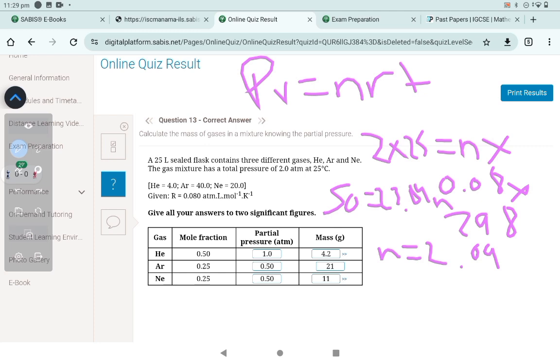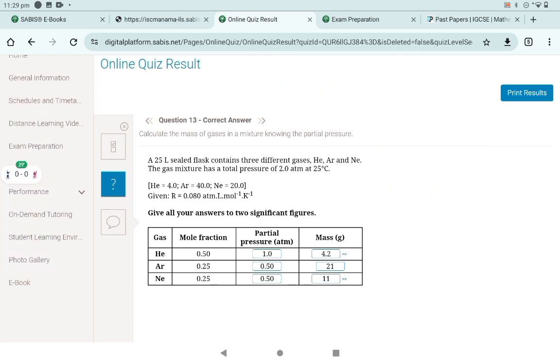So 1.05 multiplied by 4, we get 4.2. We have 0.525 multiplied by 40, we get 21. We have again 0.525 multiplied by 20, we get 10.5. Round that off, we get 11. That's it for this one.